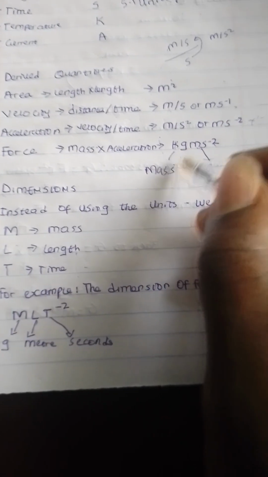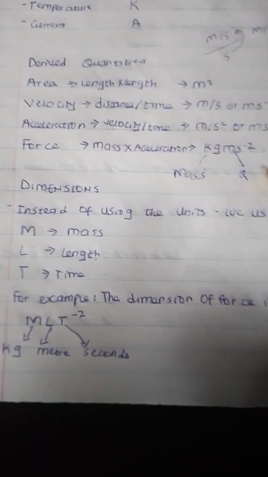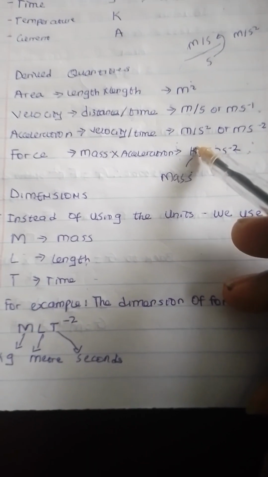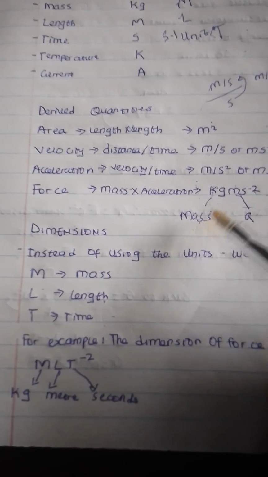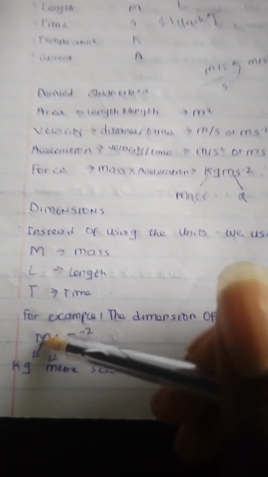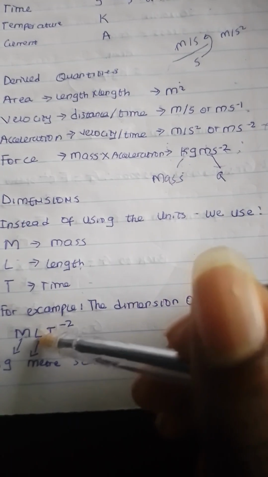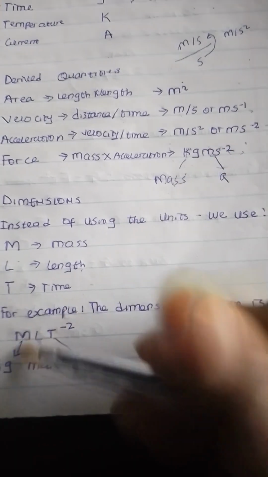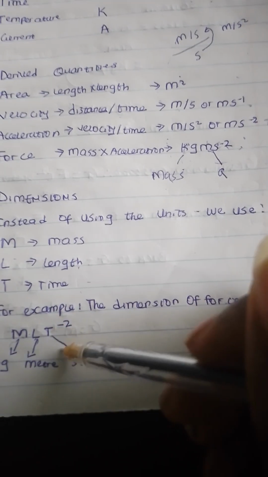So once you do kg times meter per second square, it will give you this. Instead of writing kg meter per second square, what is kg in dimension? I told you in dimension we use the first alphabet. Instead of writing kg, we write M for mass. Instead of writing meter, we write L. Instead of writing seconds, we write T for time.